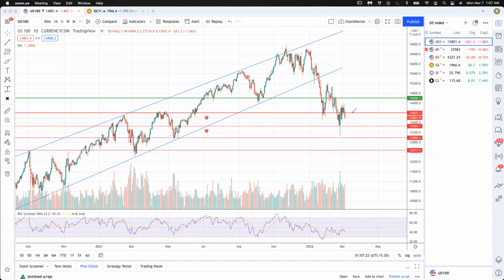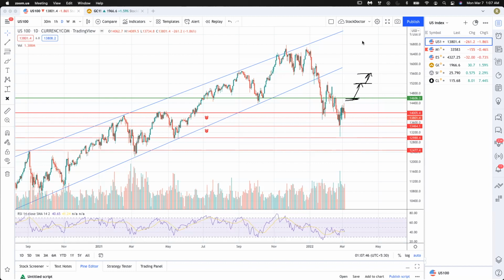Where will be the change in the picture? If US 100 starts trading above 14,600, this line, then targets will come around 15,200. And if it trades above 15,200, then 15,600 is possible.